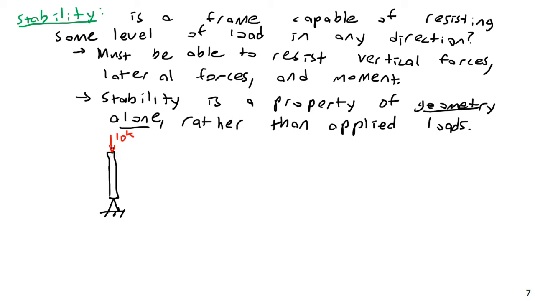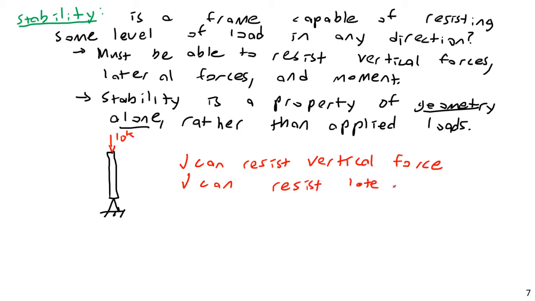No, it's not stable, because this system, it can resist vertical force. This frame can resist vertical force. And it can resist lateral force. Well, after it falls over anyway. But it cannot resist any kind of moment.